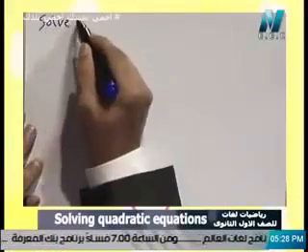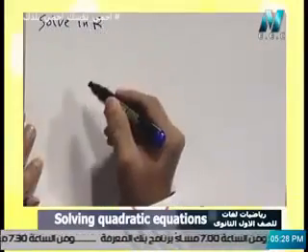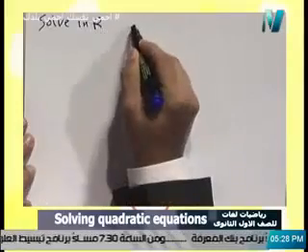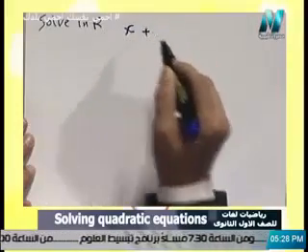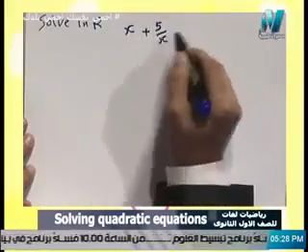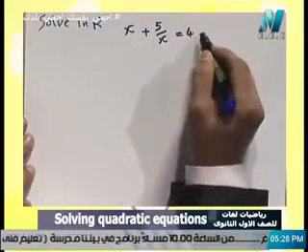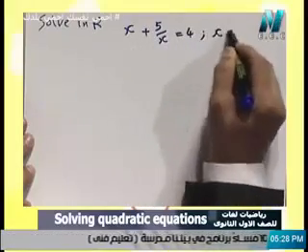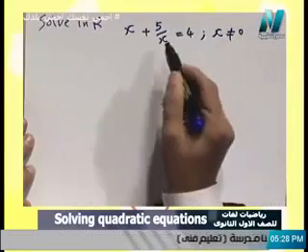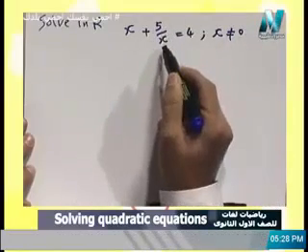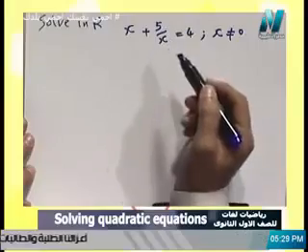Solve in R. We have an equation which is x plus 5 over x equals 4, such that x doesn't equal 0. It cannot be 0 here because 5 over 0, as you know, is meaningless.